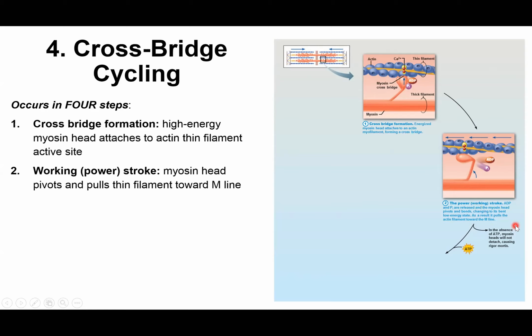ADP and inorganic phosphate are going to be released, and that's what causes the power stroke to actually occur. So originally we have ADP and inorganic phosphate attached to the myosin head during the cross-bridge formation, and in order for the myosin to actually slide the actin, we have to release this ADP and inorganic phosphate.